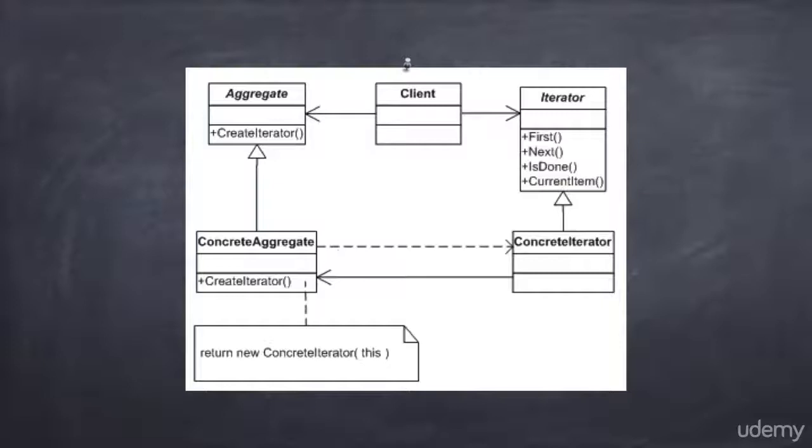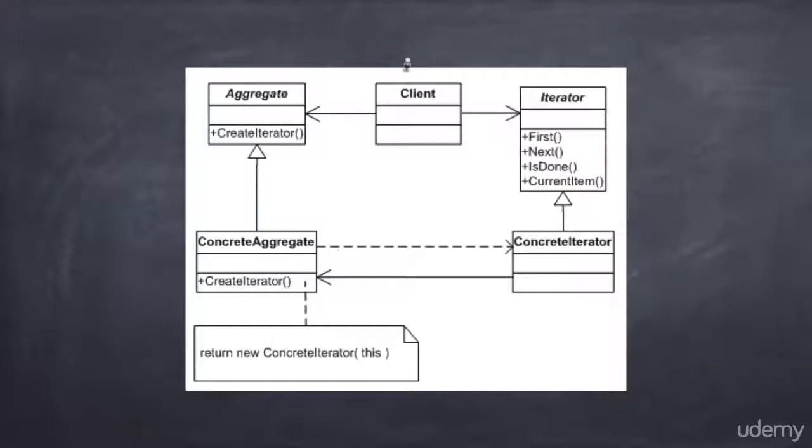A client starts by calling first to move the iterator to the first item in the collection. Then, for as long as the isDone member is false, the client reads the currentItem field and calls next to move the iterator to the next element.